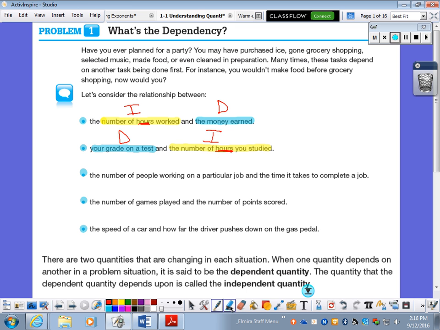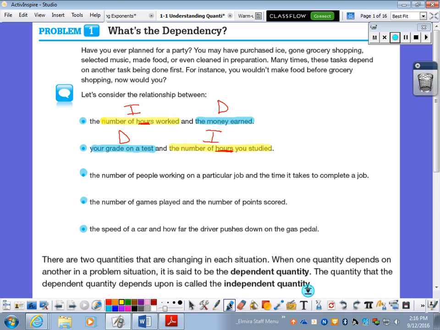All right, this next bullet point, this is the kicker, one of the only examples we'll do this year where time is not the independent variable. It says the number of people working on a particular job and then the time it takes to complete the job. Imagine a job that has to be done, let's say building a playground. If you have more people working on the playground, it doesn't take as long.